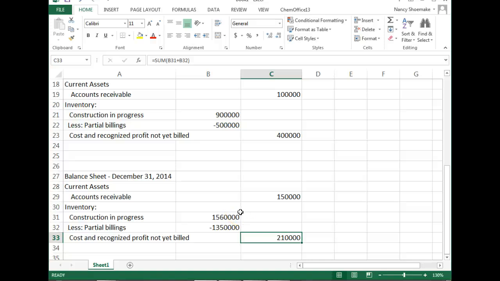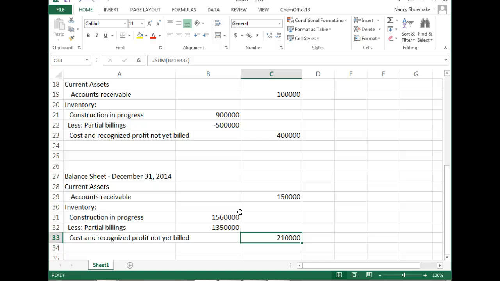Because we're using the percent of completion method, normally with construction in process, we have our sales minus cost of goods sold to come up with our gross margin, but it all happens in one period and we keep track of it. Under this method, because what we recognize on our income statement is based on our costs, what we need to do is flow back to the balance sheet the difference.